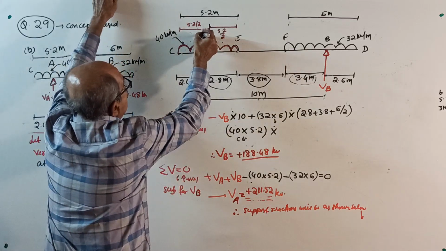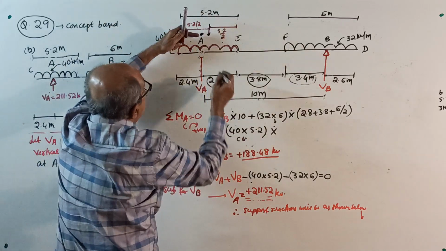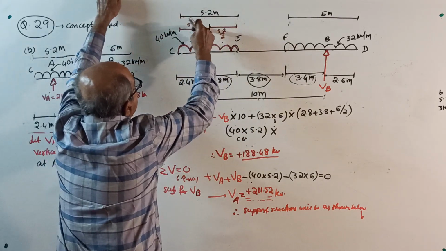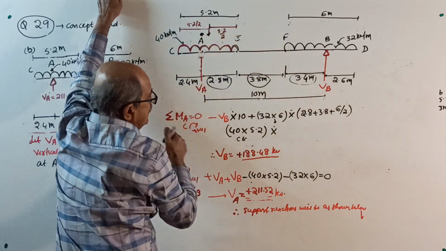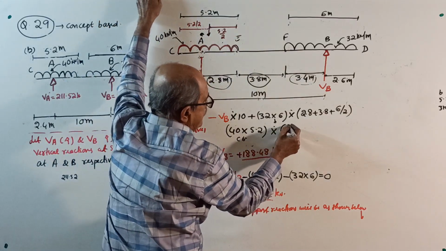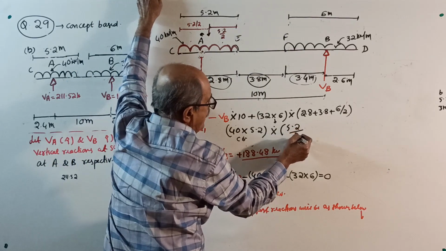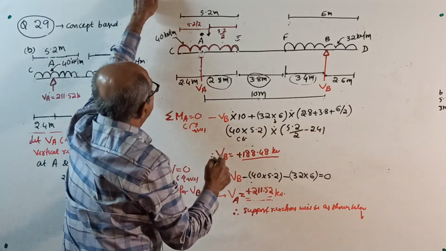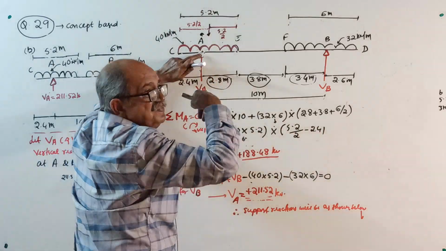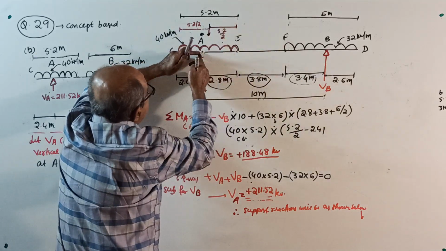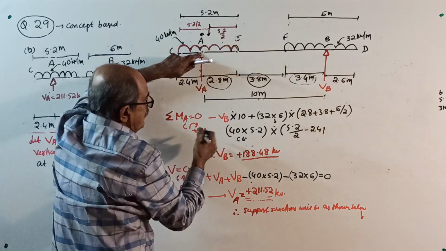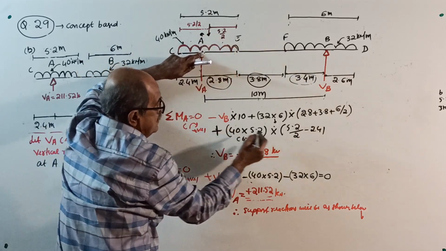You want moment about A, so into this distance, 5.2 divided by 2, subtract 2.4, in brackets. Since the resultant load is on this side, about A, if you consider the entire UDL, it will create clockwise moment, plus, equal to 0.